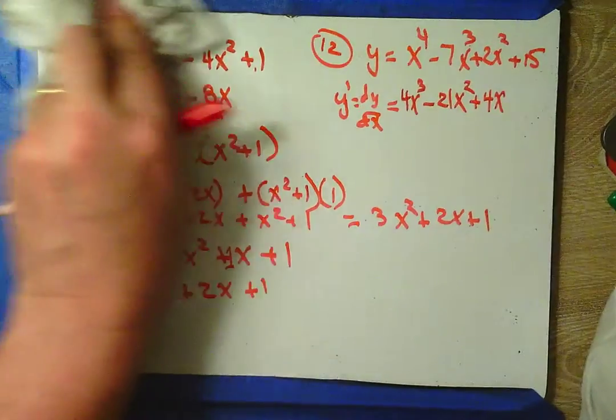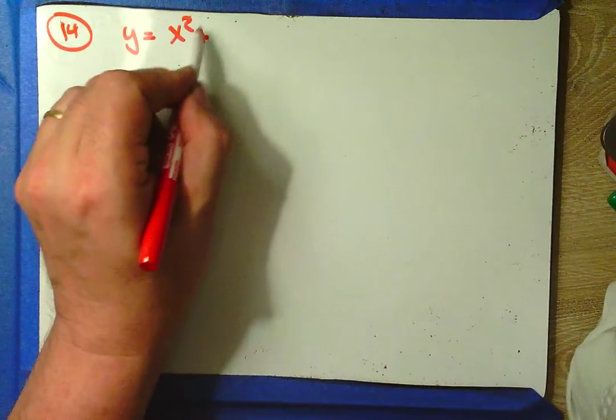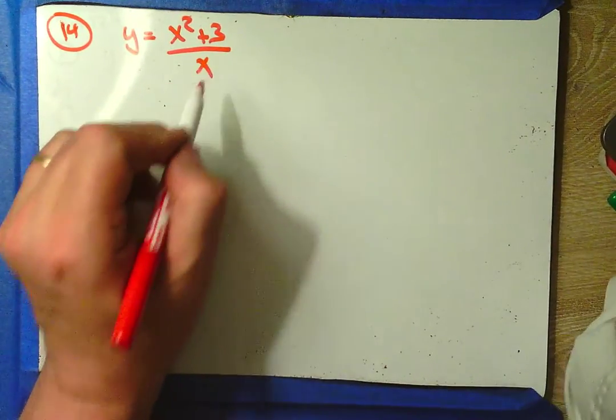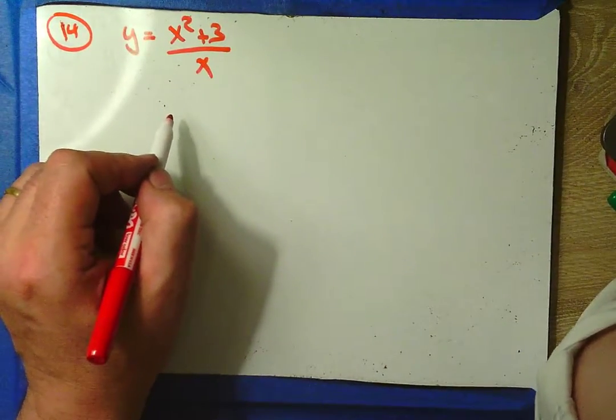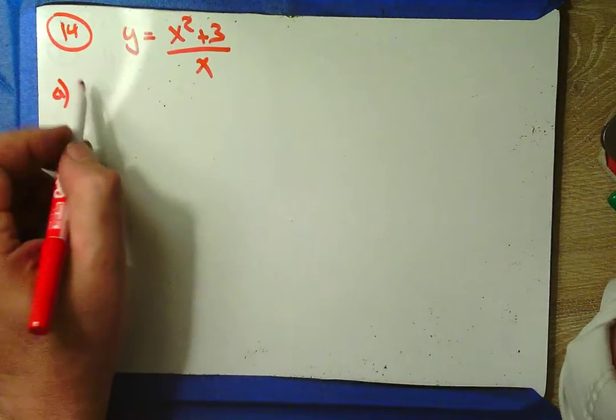Problem 14 asks us to use the quotient rule. 14. We've got y equals x squared plus 3 over x. And again, they ask us to do this problem two different ways. The first way is with the quotient rule.